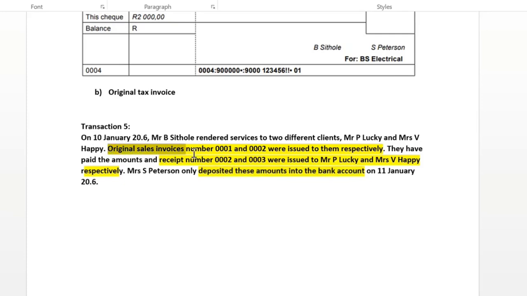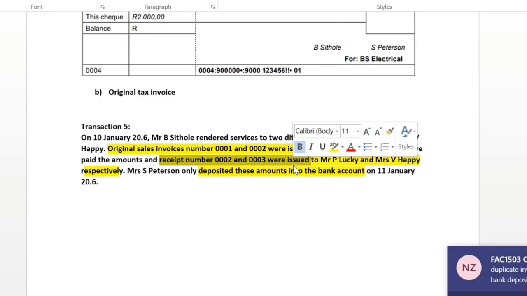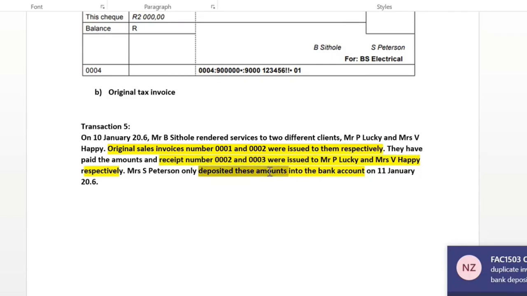So number one, if we've issued an original invoice for the sale, we can't be left with the original if we've given the clients the original. We can't be left with the original sales invoice. Point number two, if we issued an original receipt, we can't be left with the original receipt with us.